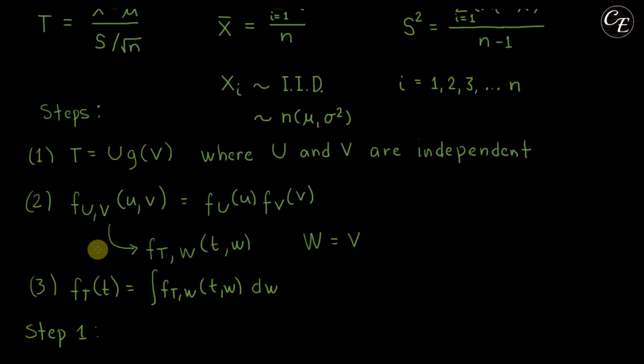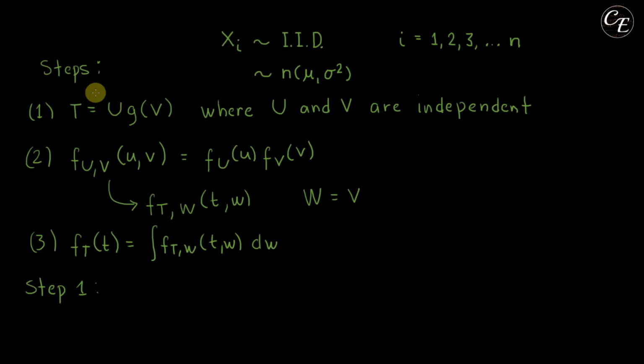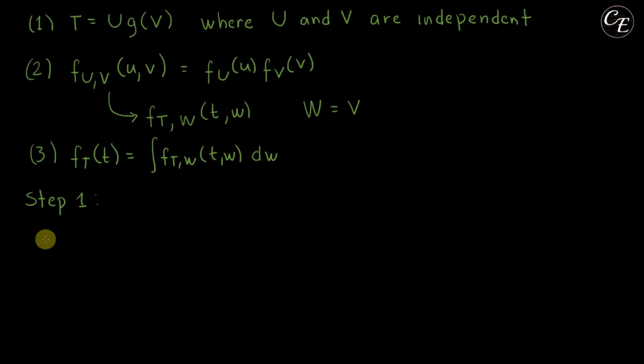So here, let us copy this expression. Then from here we can multiply both numerator and denominator by the population standard deviation sigma.